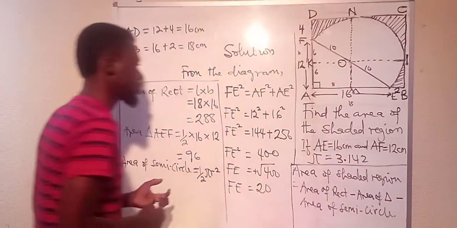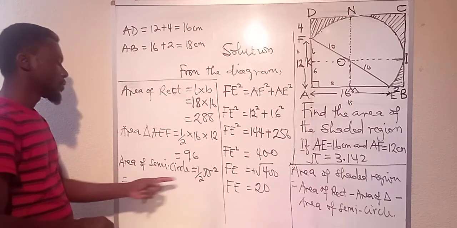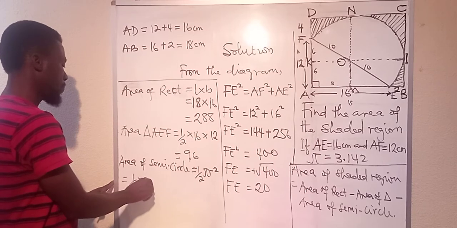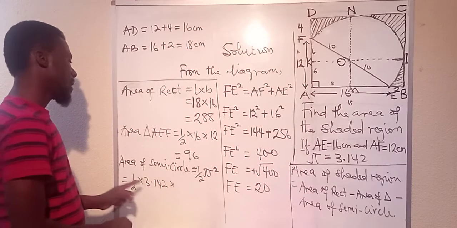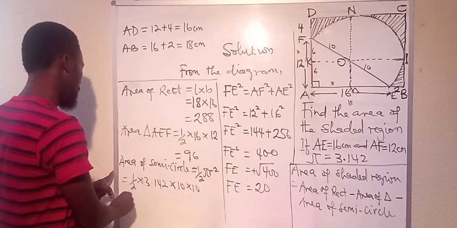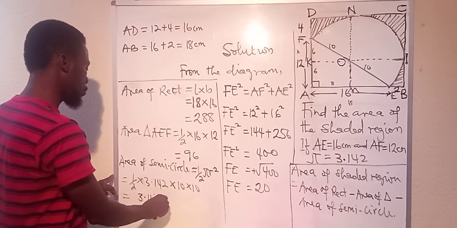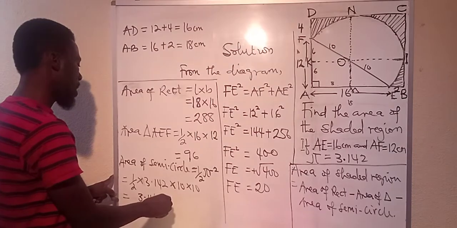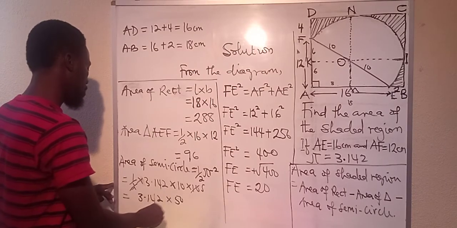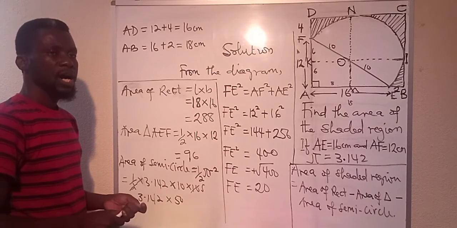So the area of this semicircle will be equal to half of 3.142 by the radius, which is 10 by 10. So that is 3.142 multiplied by 5, that is multiplied by 50. And so that will be equal to 3.142 by 50.